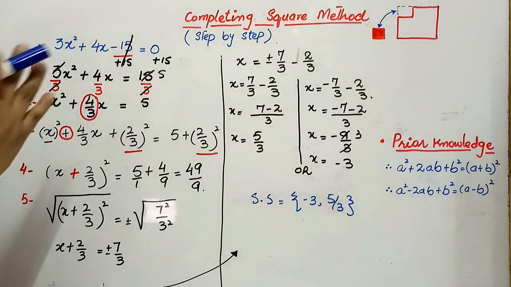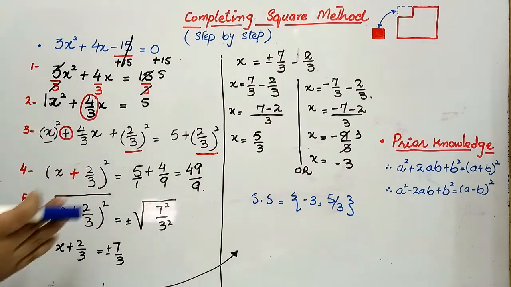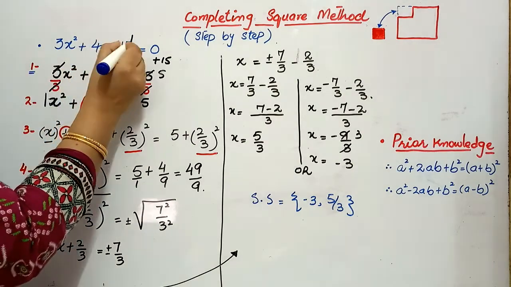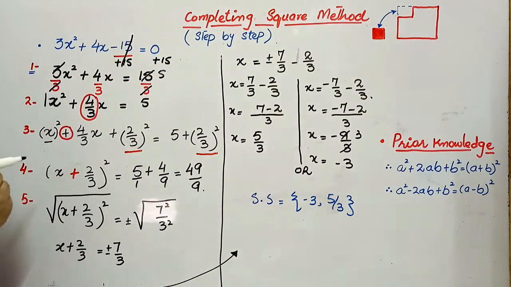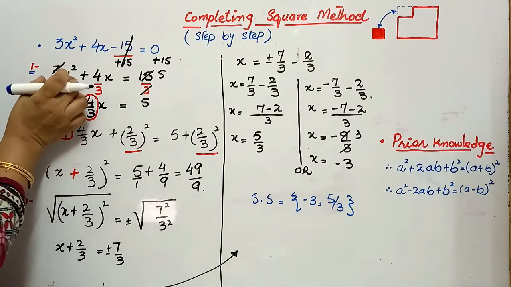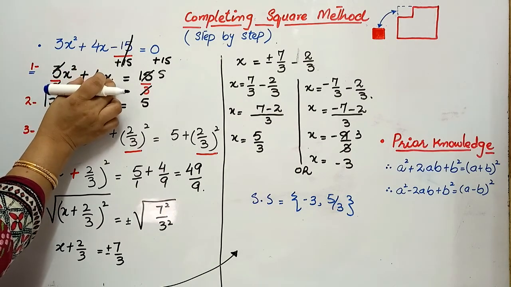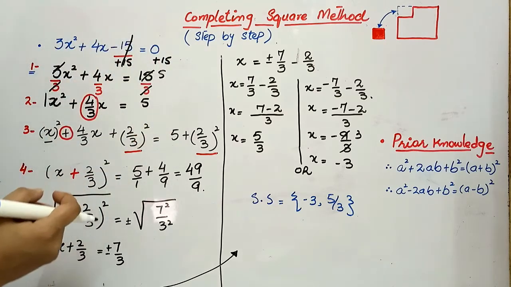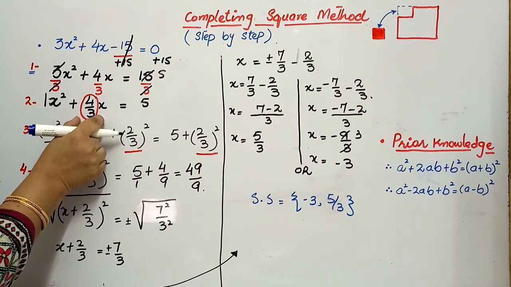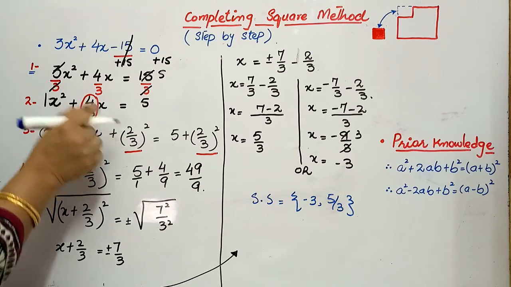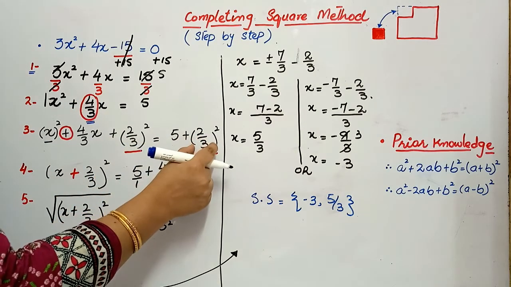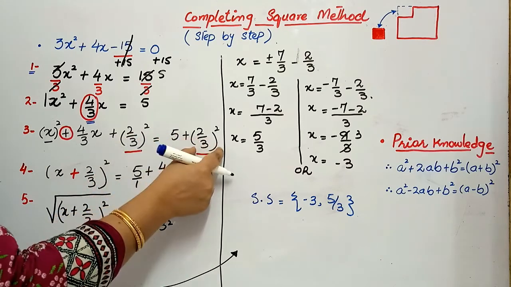Let's take a quick review of the completing square method. You have to move the constant to the other side of the equation. On the left hand side you will have x square and x, and the constant term you have to move to the other side. You have to take half of the coefficient of x, take the square of that half and add it on both sides of the equation.